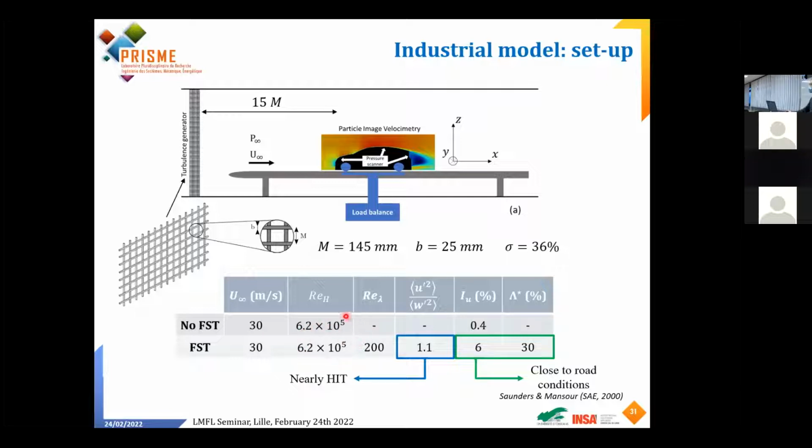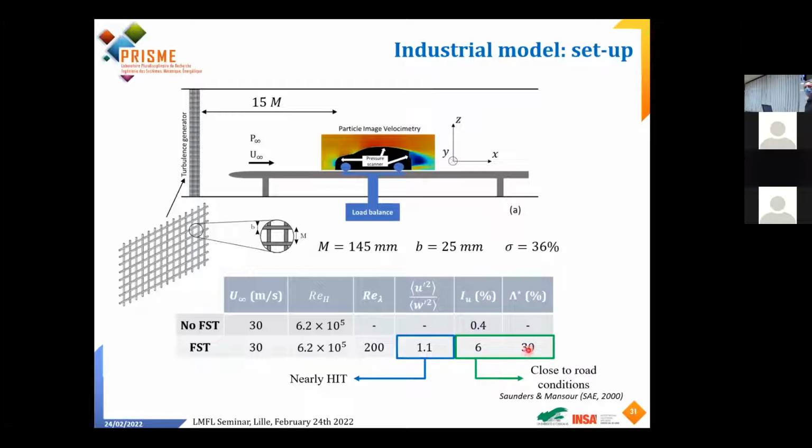But the Reynolds number is not so different compared to the previous case. The Taylor-based Reynolds number is 200 at that position, which is not so bad to make turbulence. The anisotropy metric at large scales is 10%, so we can say that it's nearly isotropic.